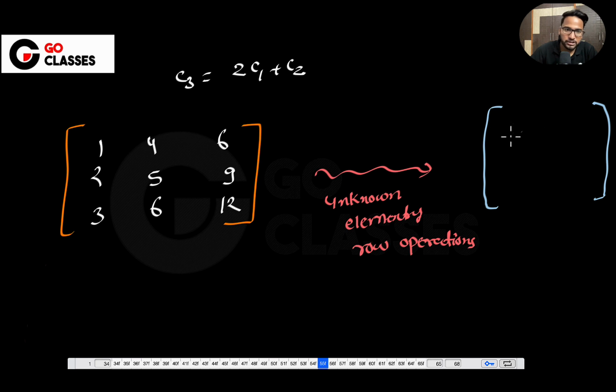I'm not sure it will be obtained using elementary row operations or not, but I'm writing some random numbers, so don't mind it. So let's suppose I'm writing 2, 3, 5 and 4, 6, 7, and then here I'm writing A, B, C. So the question is that because of some unknown elementary row operations, you got this matrix.